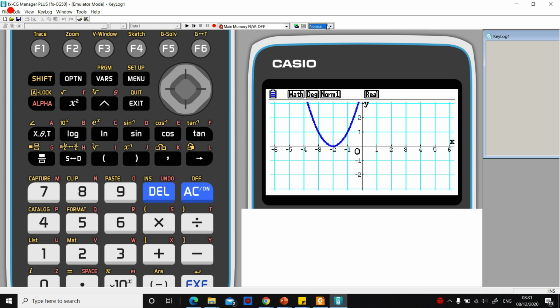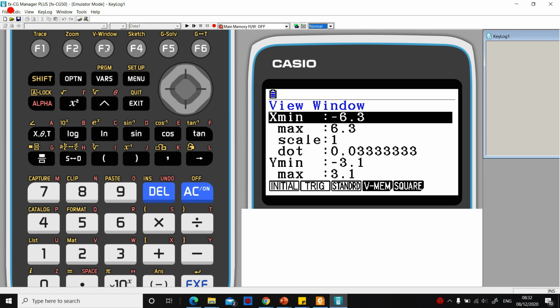We can look at this graph and say this is an x squared graph. Now I'm not happy with this because I can't see where it intersects the line. To edit the window, you go to Shift and click F3. You'll see here V-Window.